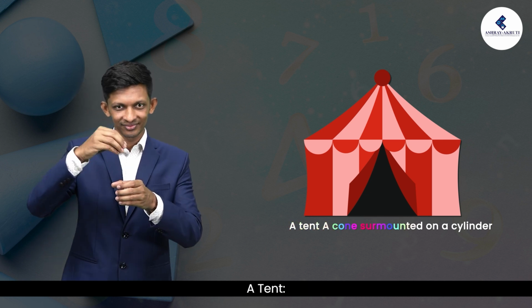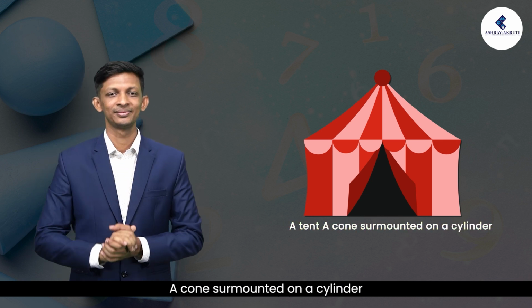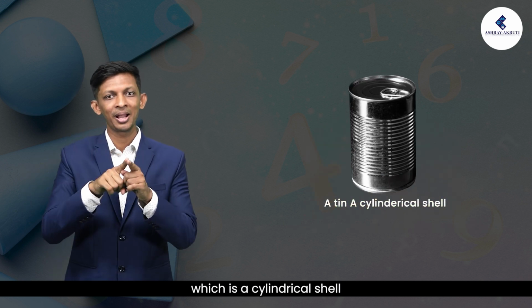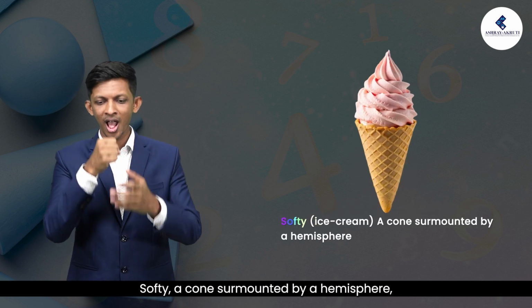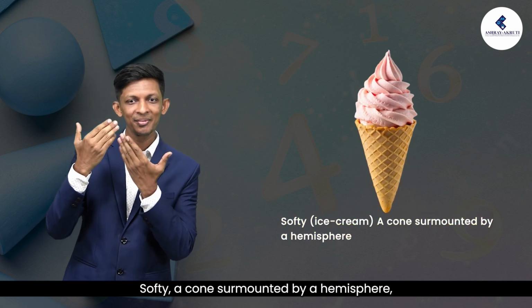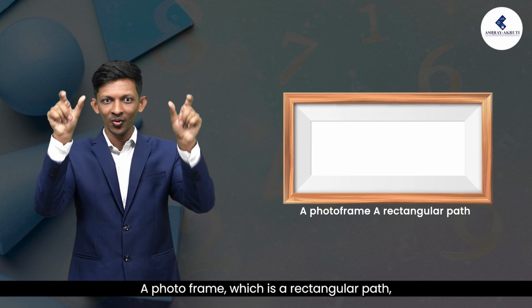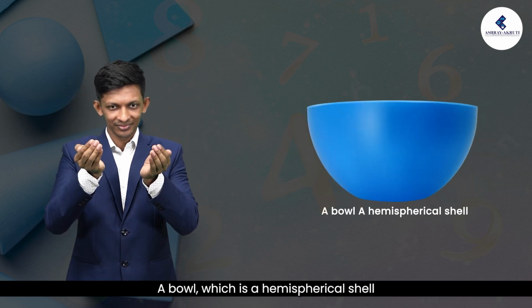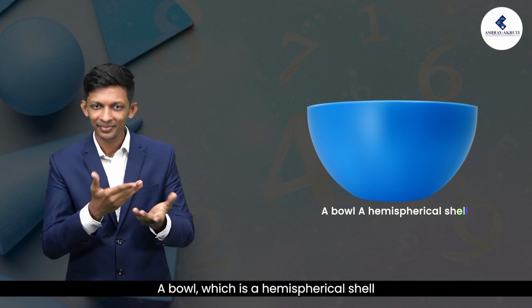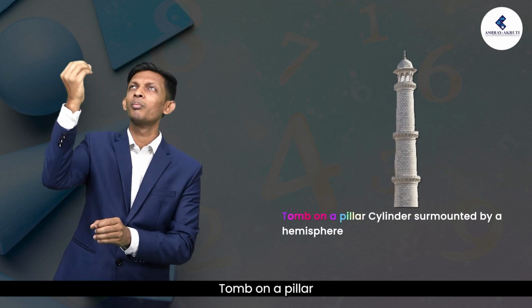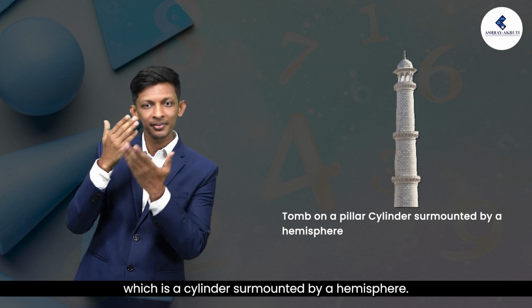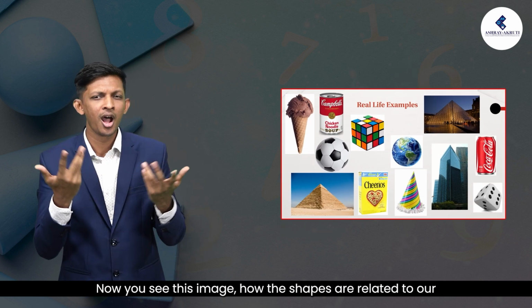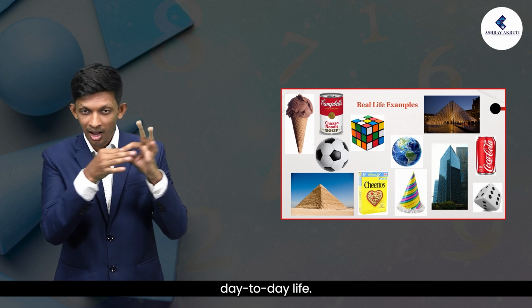A tent, a cone surmounted on a cylinder, a tin which is a cylindrical shell, softy, a cone surmounted by a hemisphere, a photo frame which is a rectangular path, a bowl which is a hemispherical shell, tomb on a pillar which is cylinder surmounted by a hemisphere. Now you see this image how the shapes are related to our day-to-day life.